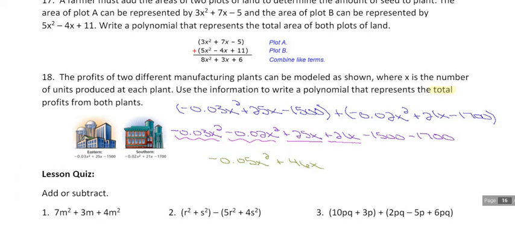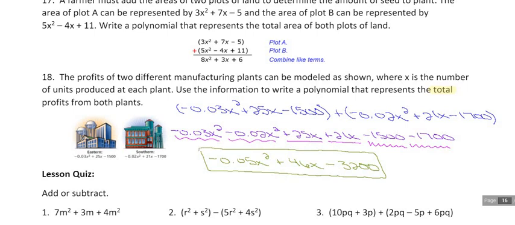And then with our constants of negative 1500 minus 1700, that will give us minus 3,200. Okay, so this polynomial represents the sum of the other two polynomials, therefore representing the total profits of both plants.